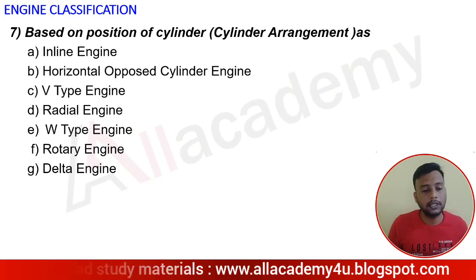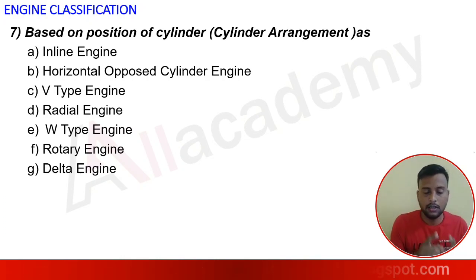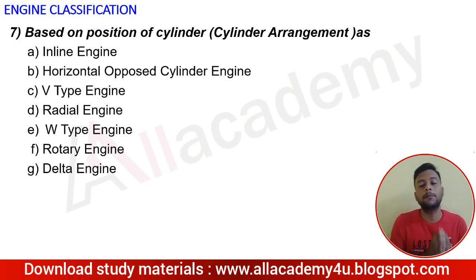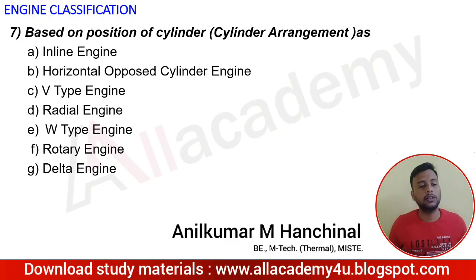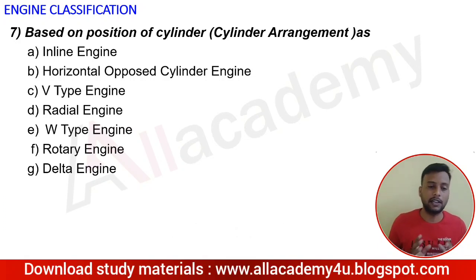And the next one, the last one, is based on the position of the cylinder. This part we're going to study in detail, because from this we are going to get a definite important question in the examination. Every year, if you cross-check, the first question will be a question with a neat sketch: explain the cylinder arrangement or the positions of the engine cylinders. This is a 10 marks question that we're going to study in detail in the coming classes.